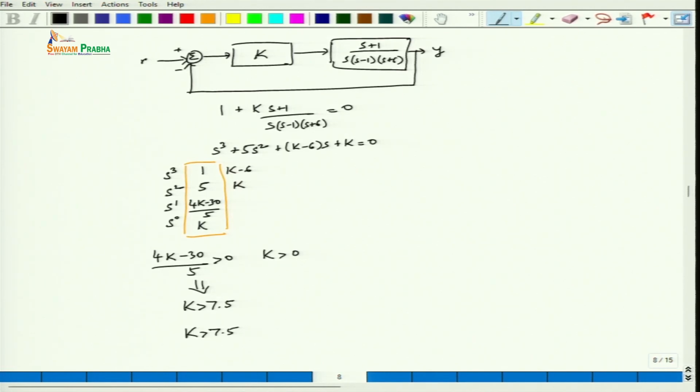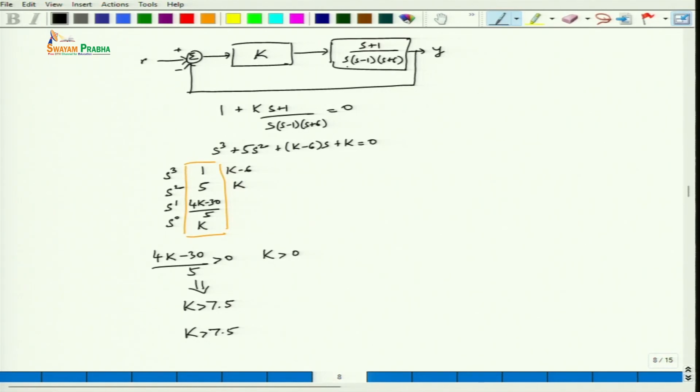Now, based on what we had discussed in the last class, let us consider this particular system. If you see, it has one unstable pole, but adding a controller, in this case just a constant gain k and unity negative feedback, what you will see is this system can be made stable by choosing k to be greater than 6.